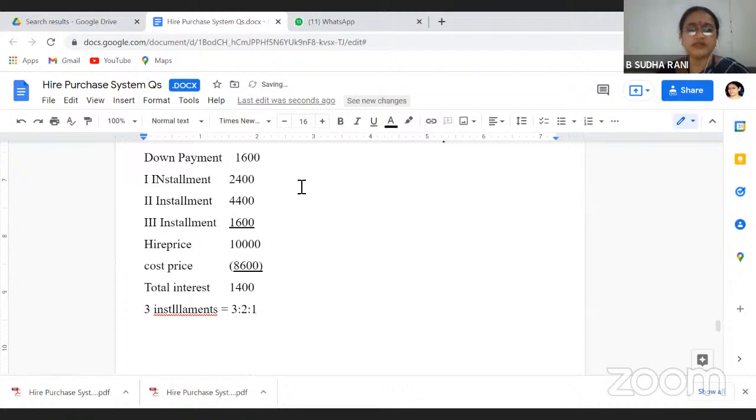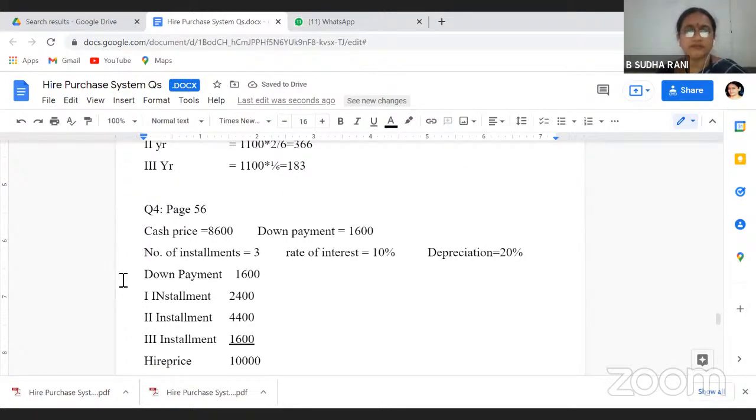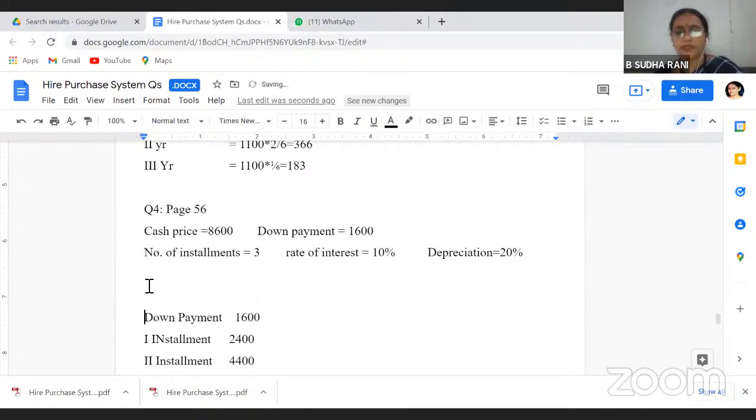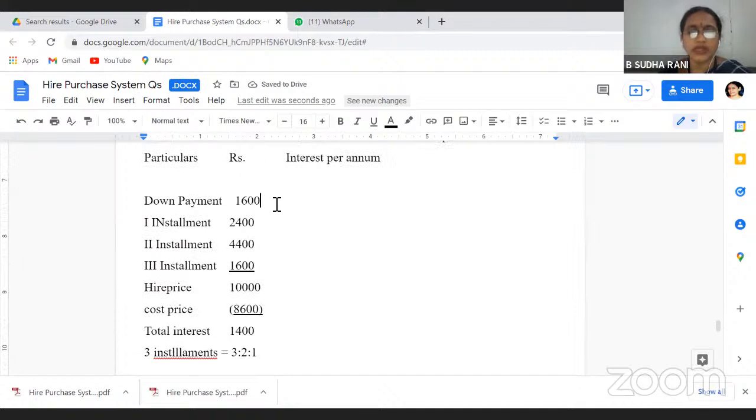So for interest, there is a particulars column, the rupees column, and the interest column. You don't charge any interest here.